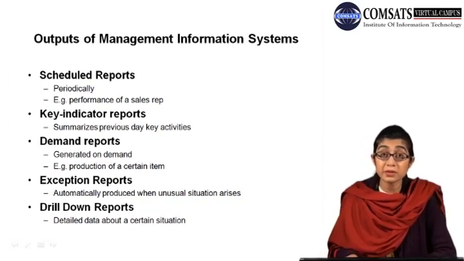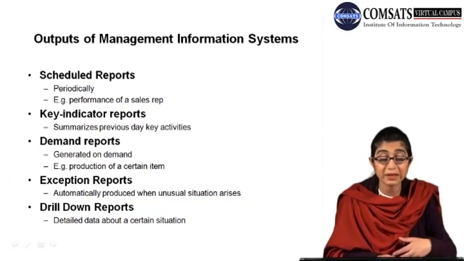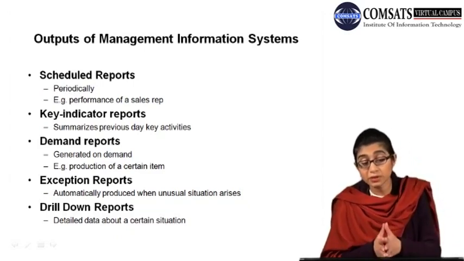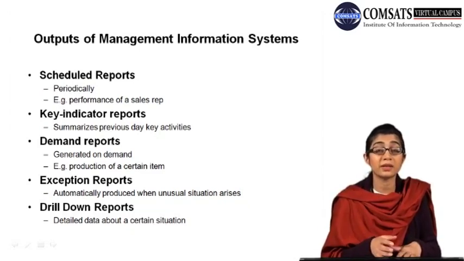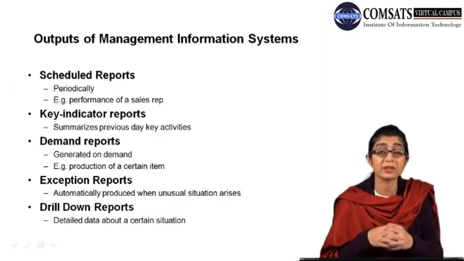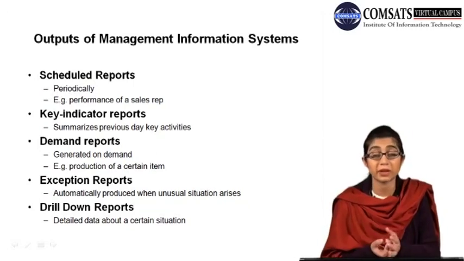Right ji. Next we have the exception reports. Exception reports basically are automatically produced when any kind of unusual situation arises, and basically ये वाली reports जो होती हैं trigger होती हैं when you have a certain parameter set.